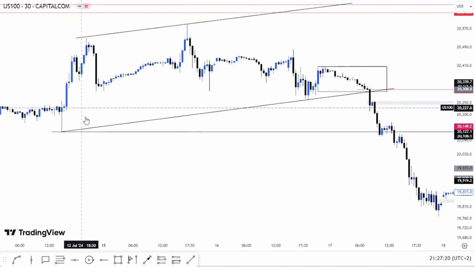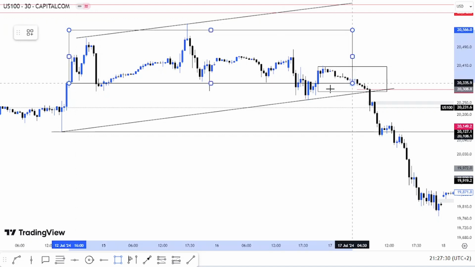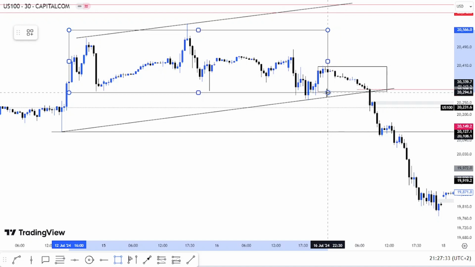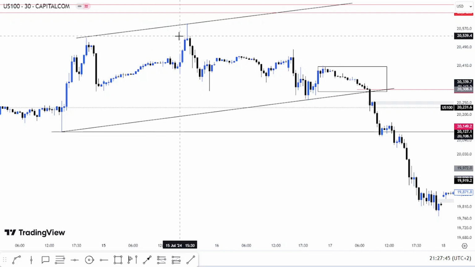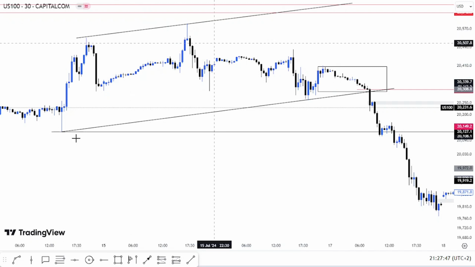If you can see it here, this is a range I'm talking about because the price keeps going up and down in the same place, same as what is happening currently. And then we had this trend here.